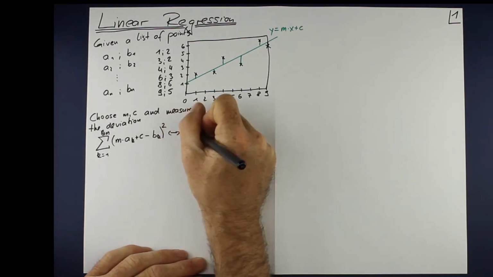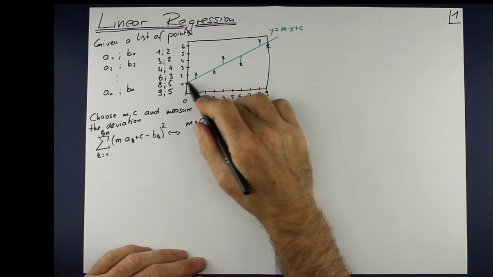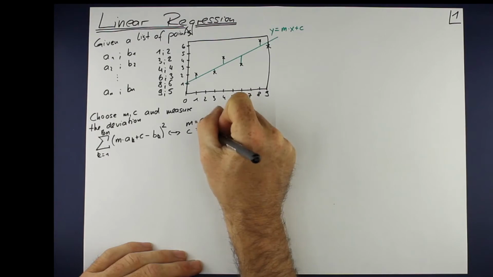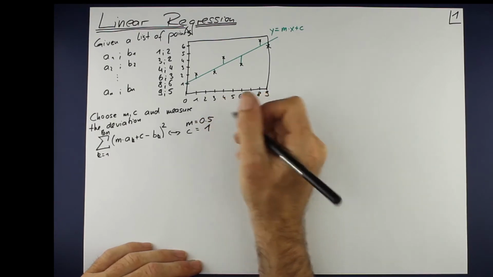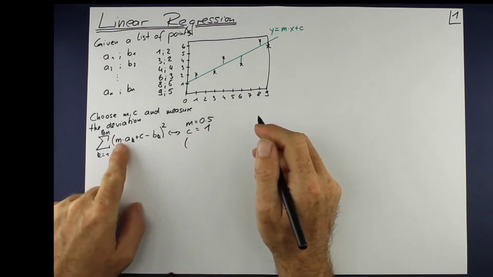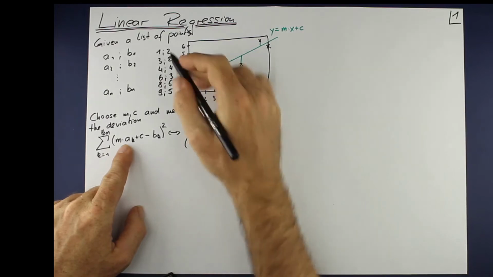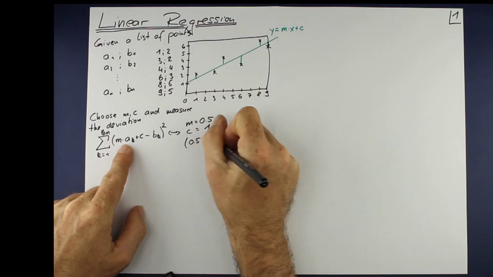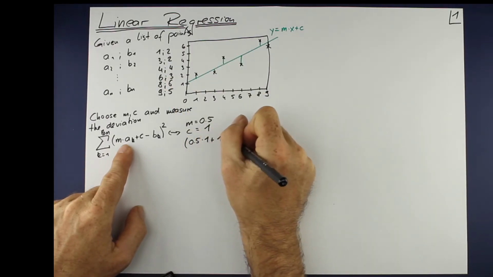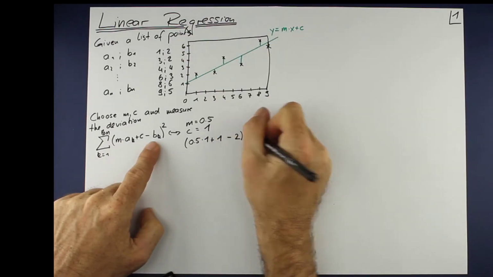Okay, let's have an example. Let's use, for example, m is 0.5. So this is the slope. c is 1. And now we measure the deviation. So we take 0.5 times a1 plus c minus the value b1, and then square that.